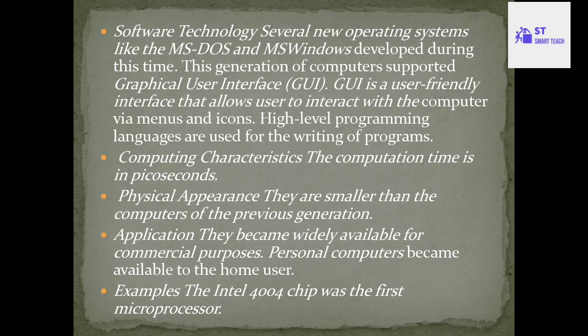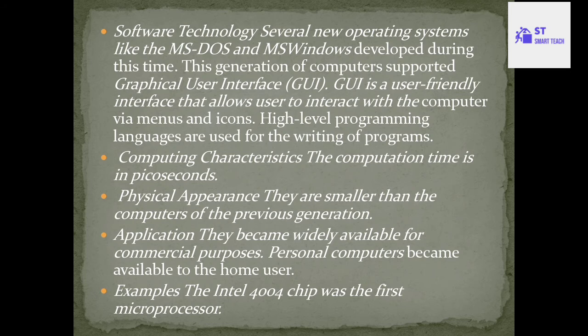So here operating systems are involved. This generation of computers supports GUI, graphical user interface. GUI is a user-friendly interface that allows the user to interact with the computer via menus and icons. So graphically the user can interact with the computer.